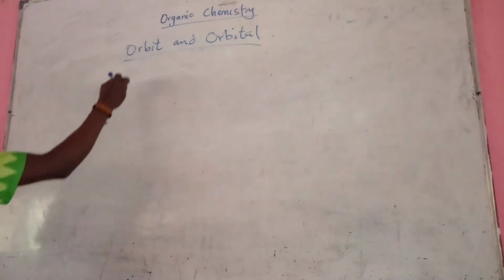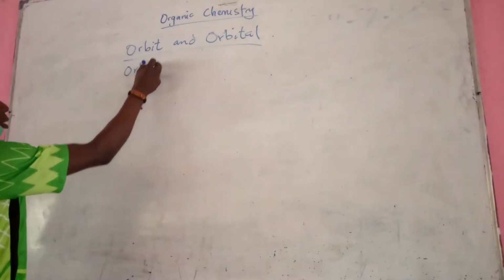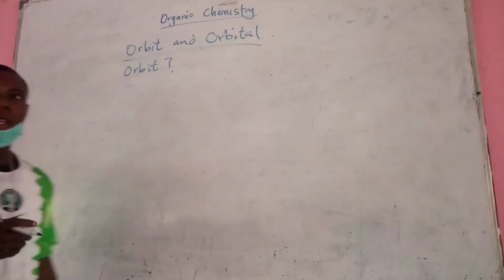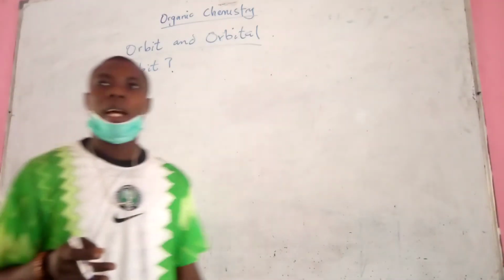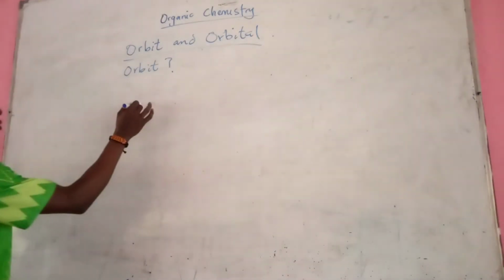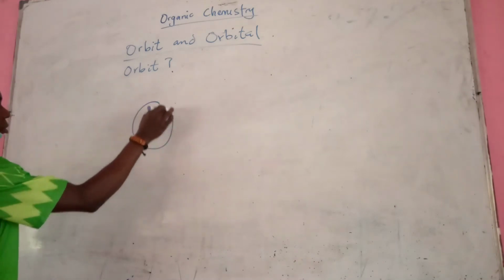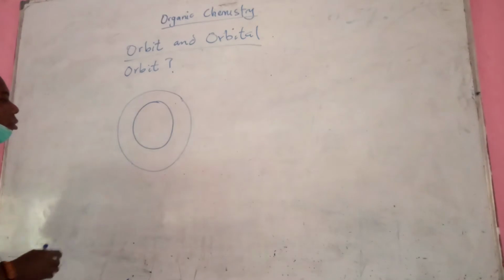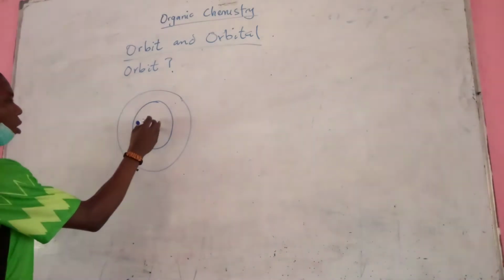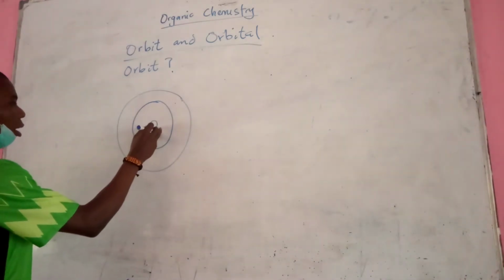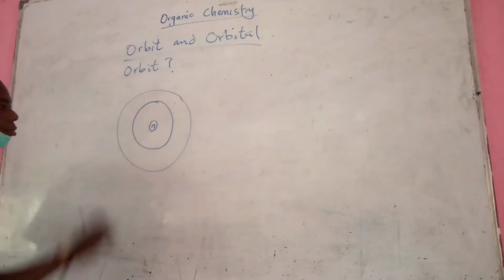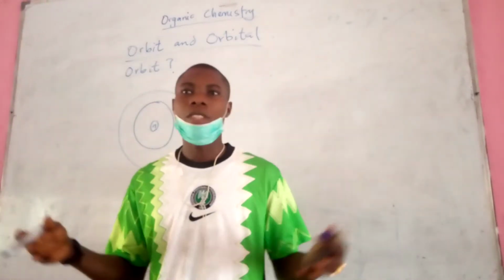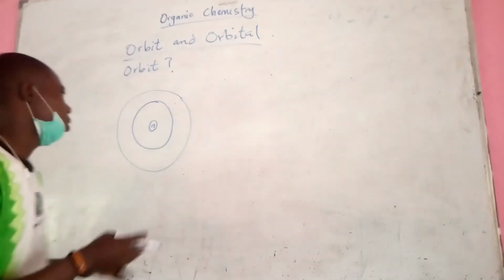Orbits. What is an orbit in chemistry? In chemistry, when an atom, say a helium atom, for instance, all atoms have a nucleus. The nucleus contains both neutrons and protons.